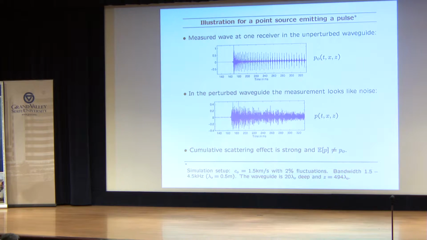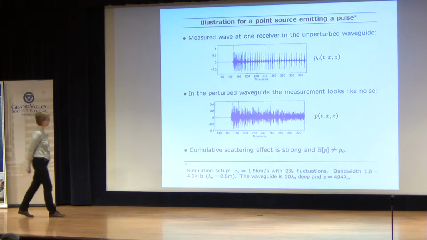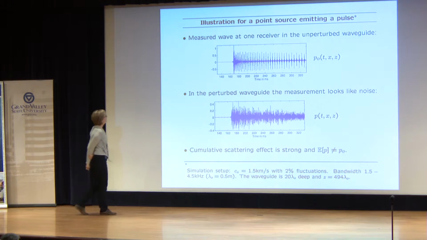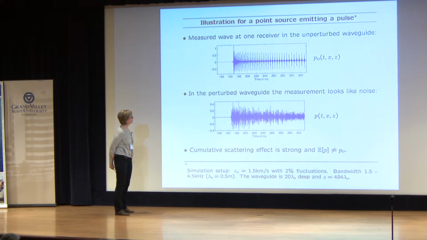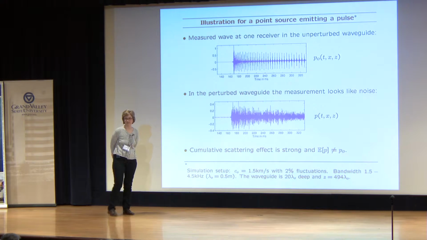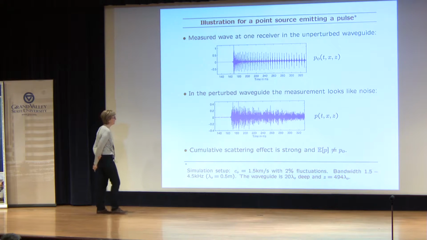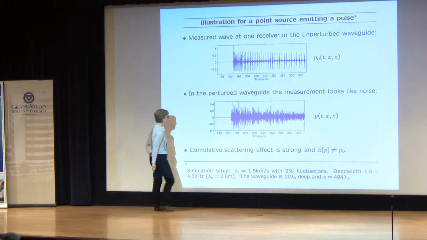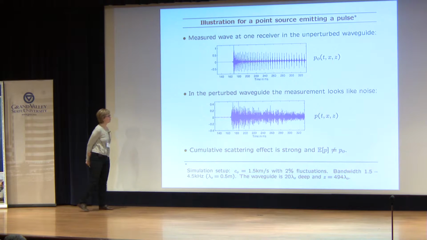The first thing to ask is, what are the scattering effects? How do they look? Here I show you a numerical simulation. At the top, we have a simulation for an ideal waveguide, that is no fluctuations. At the bottom, we have a simulation for a waveguide that is filled with a random medium. What do we see here?